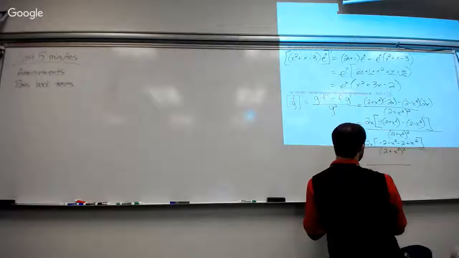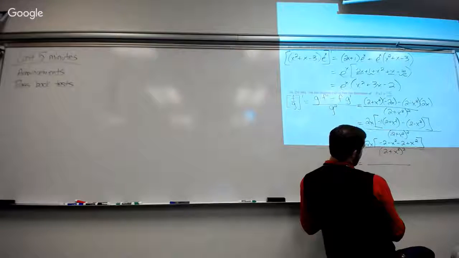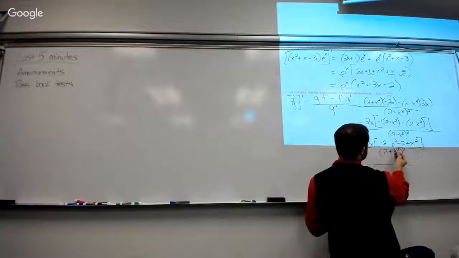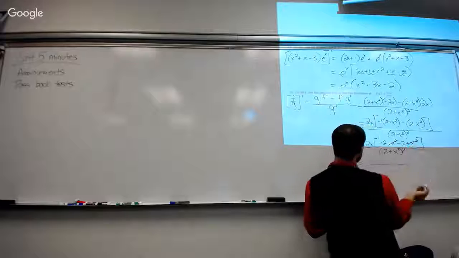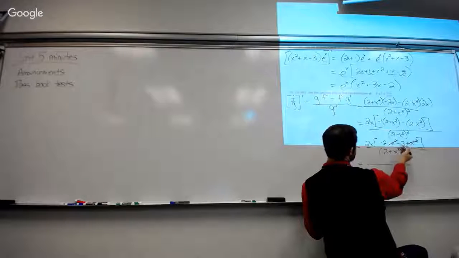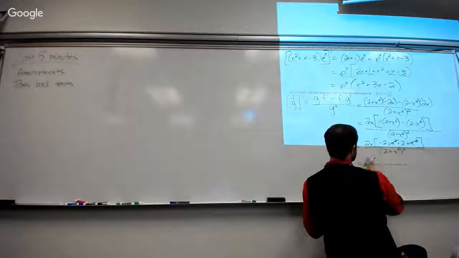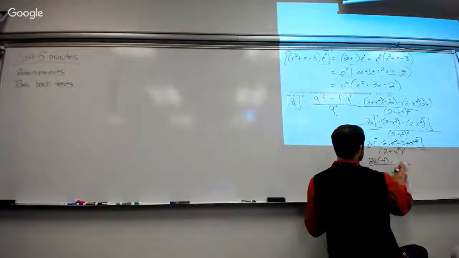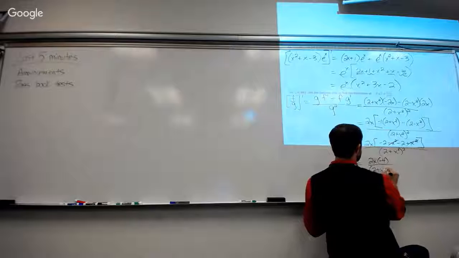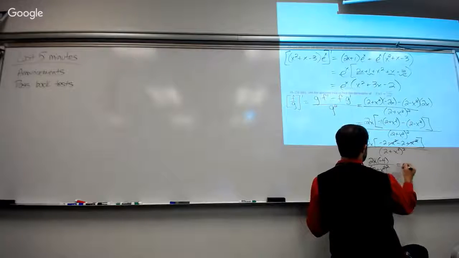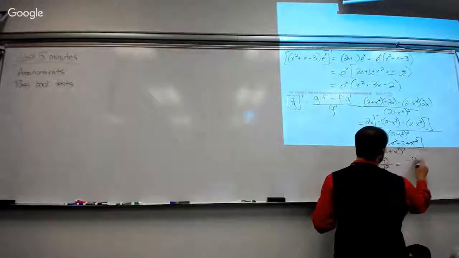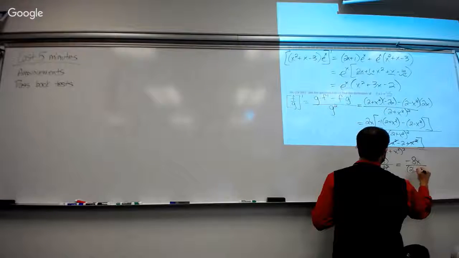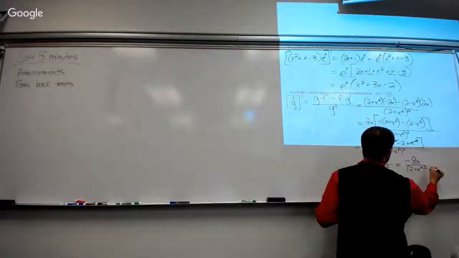What happens to the x squared terms? Yeah, they cancel out. Well, that's very convenient. So now that's negative 2 minus 2, that's negative 4. So I have 2x times negative 4 in the top, and the 2 plus x squared squared on the bottom. And now we simplify to a very nice answer of negative 8x over 2 plus x squared squared.